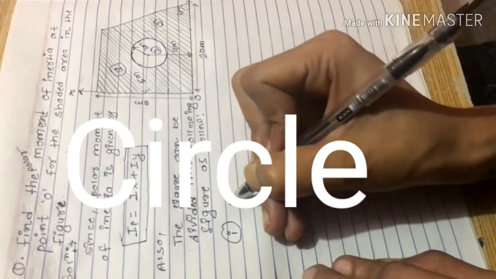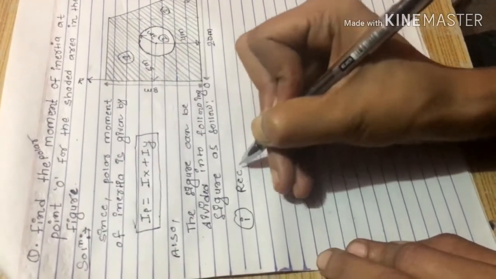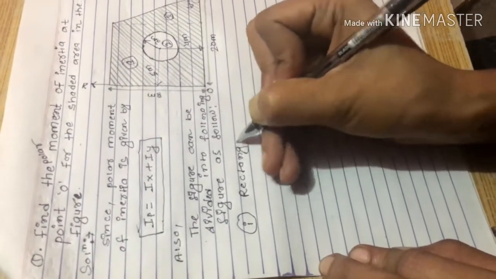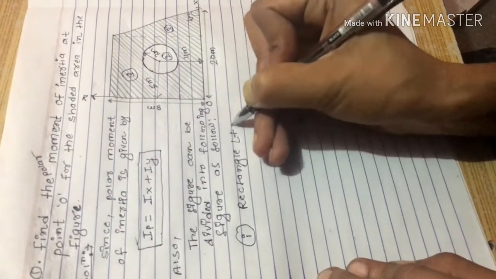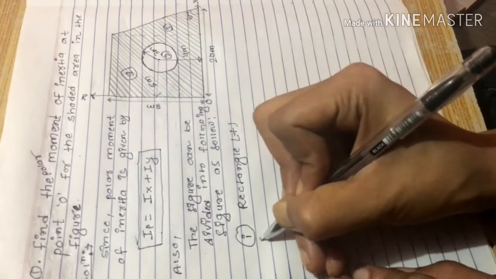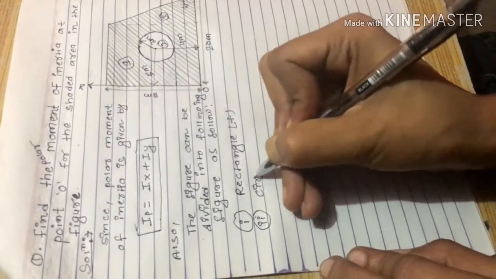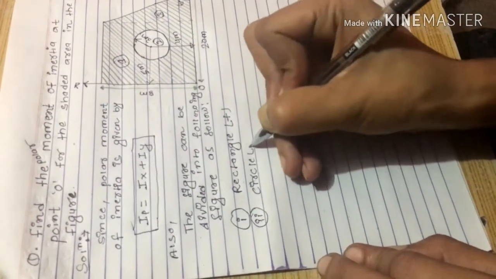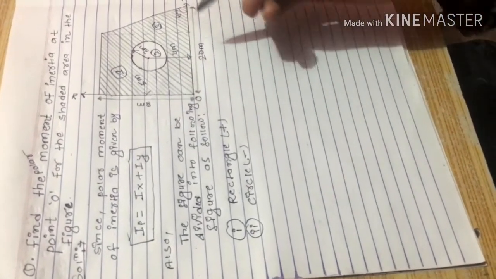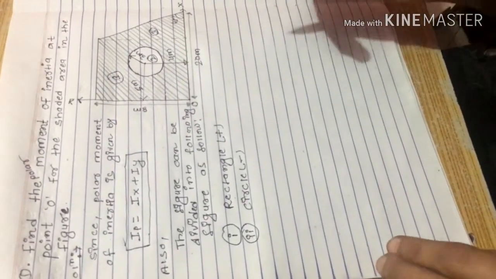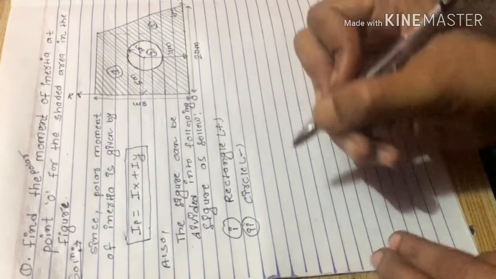So first, rectangle is positive. Second is circle. Circle is negative because we have to calculate the moment of inertia of only the shaded portion.